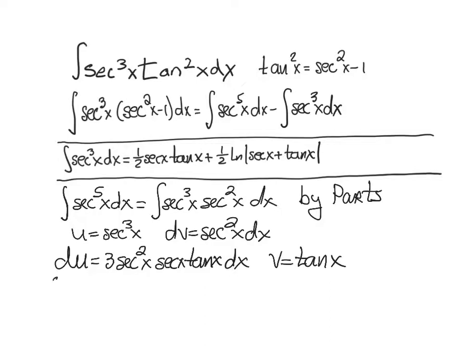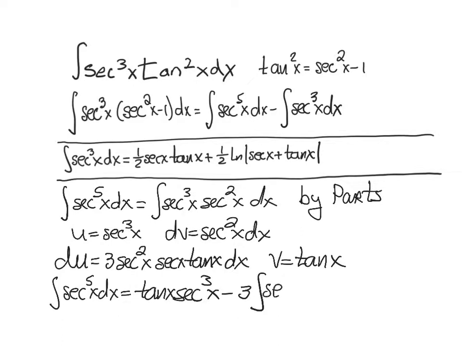So now we can write the integral of secant to the fifth as u times v, which is tangent times secant cubed, minus the integral of v du. And if we combine all the terms, it'll be 3 times the integral of secant cubed times tangent squared, which happens to be the original integral we are trying to evaluate.